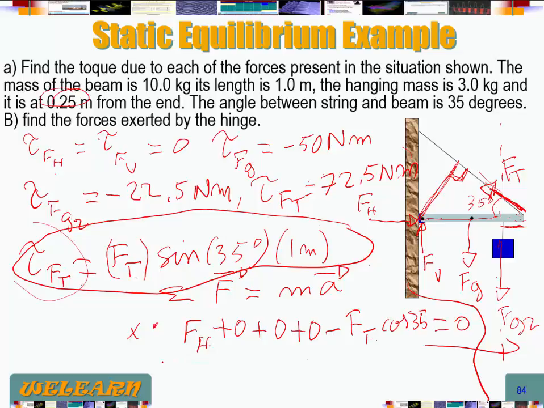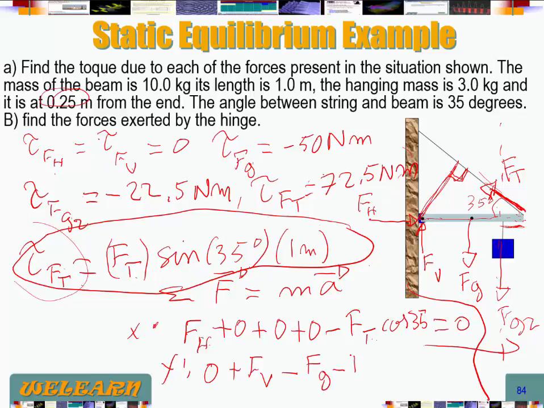And along the y equation, Fh is going to have no component. Fv is going to be the full Fv. Fg is going to be minus Fg.